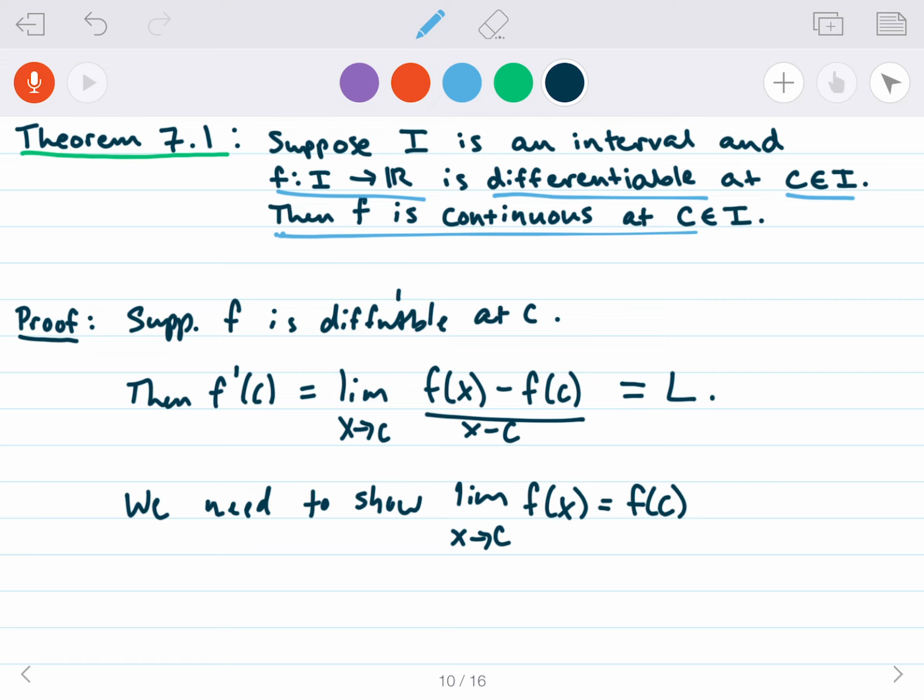I meant to say that, I'm saying dumb things today. So this was on page 187. It was the last criteria for being continuous. Okay, so we want to show this.